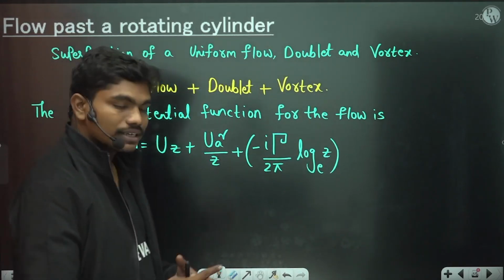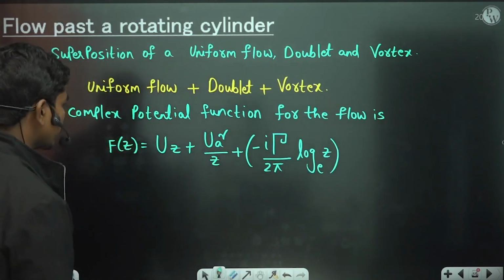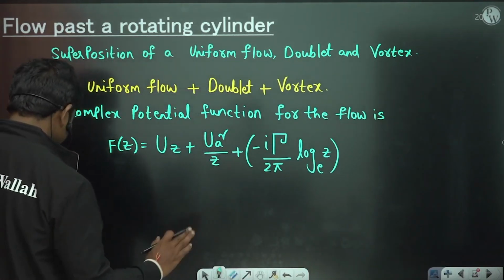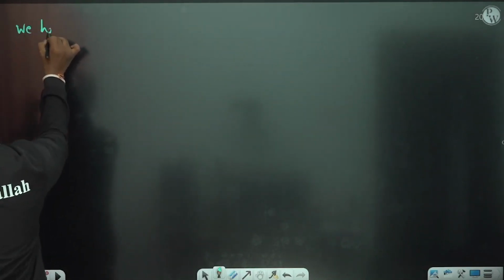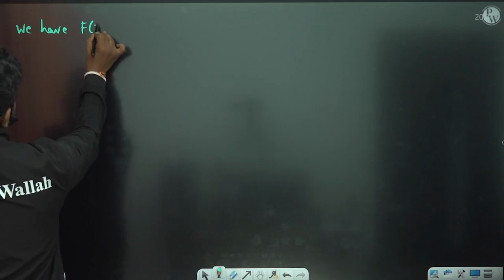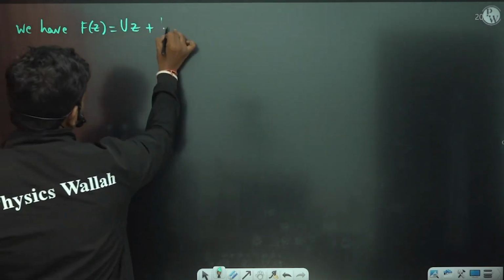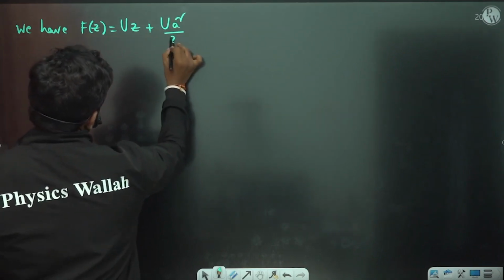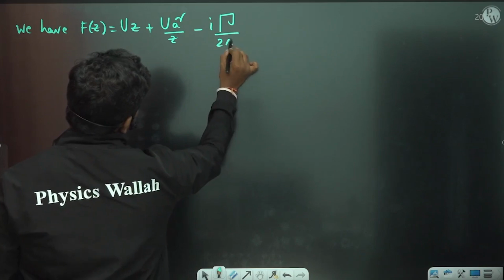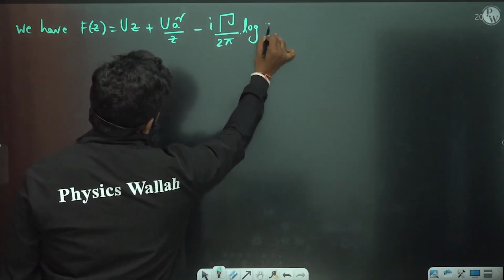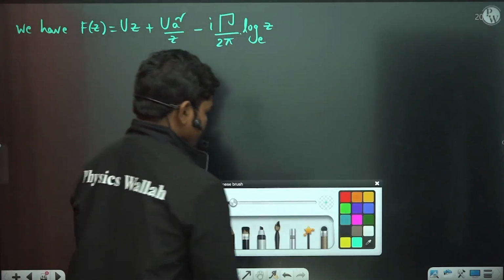Now if you try to write the equipotential functions and the stream functions, let us see how we write that. Therefore f of z is equal to Uz plus U a square by z minus i times circulation by 2 pi into log z to the base e.